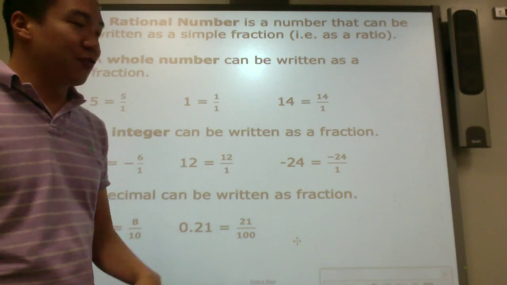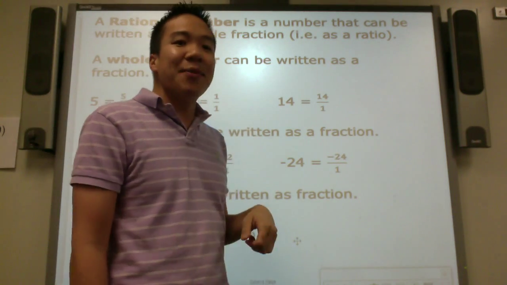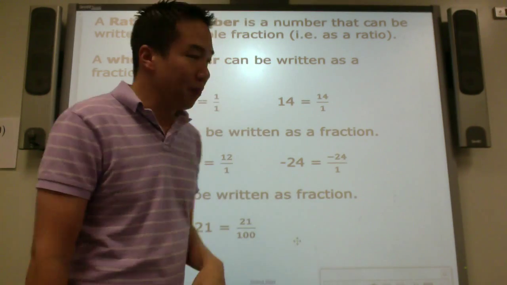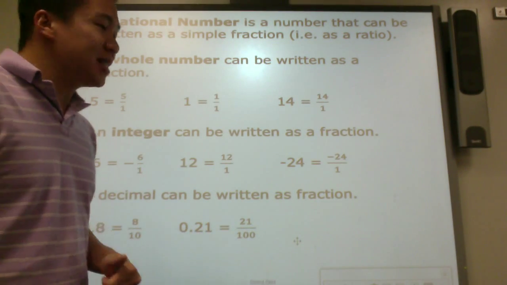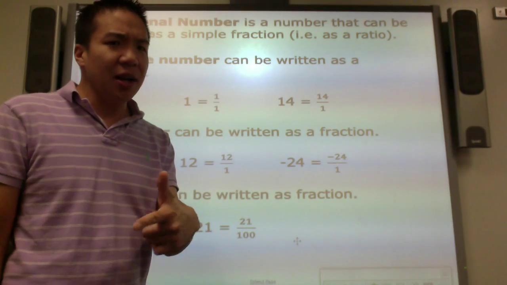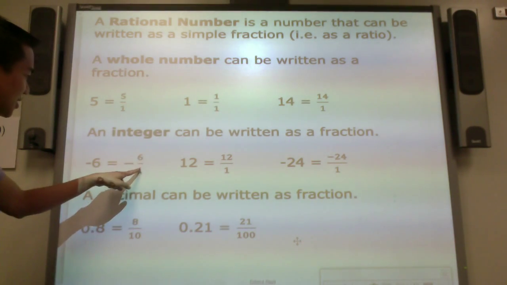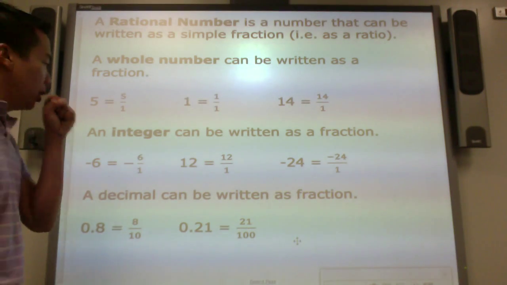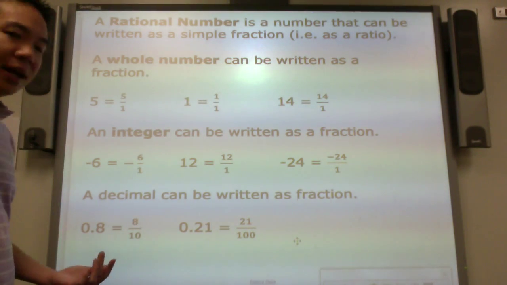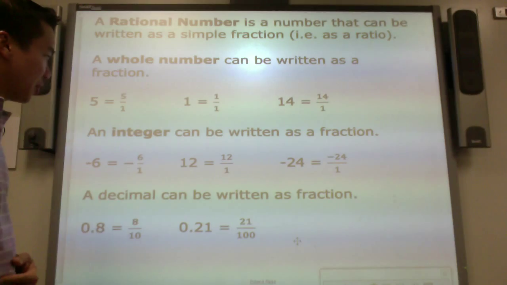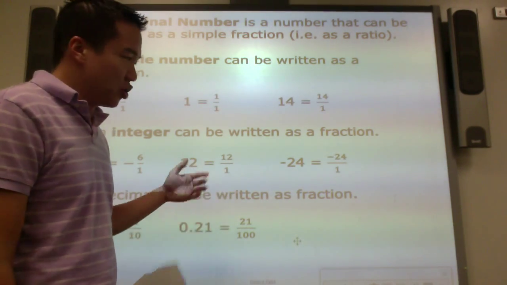1 can be written as a fraction, 1 divided by 1. 14 can be written as a fraction, 14 divided by 1. Can an integer be written as a fraction? Again, what's an integer? A positive or negative whole number. Negative 6 divided by 1 is a fraction. 12 divided by 1 is 12.